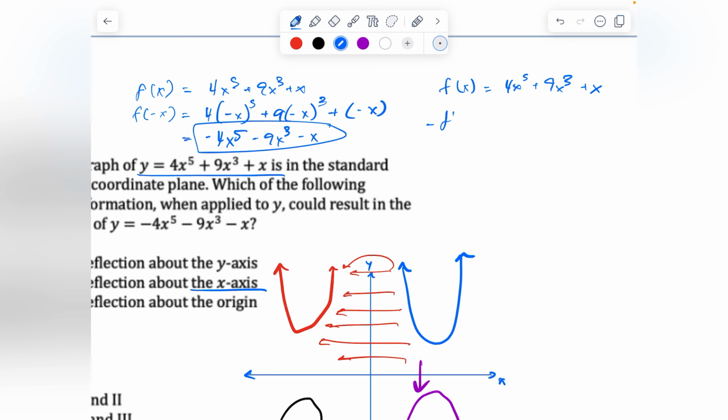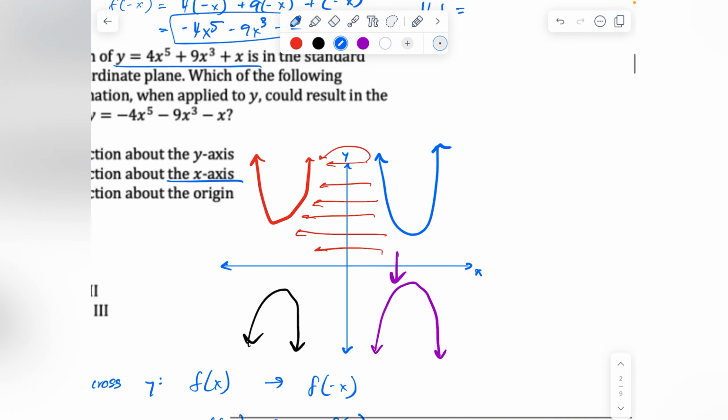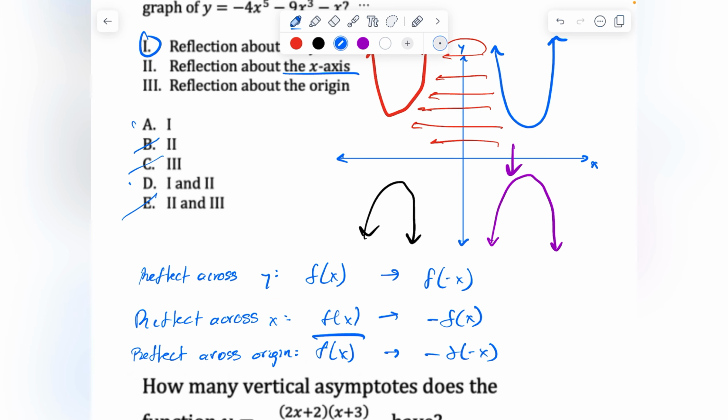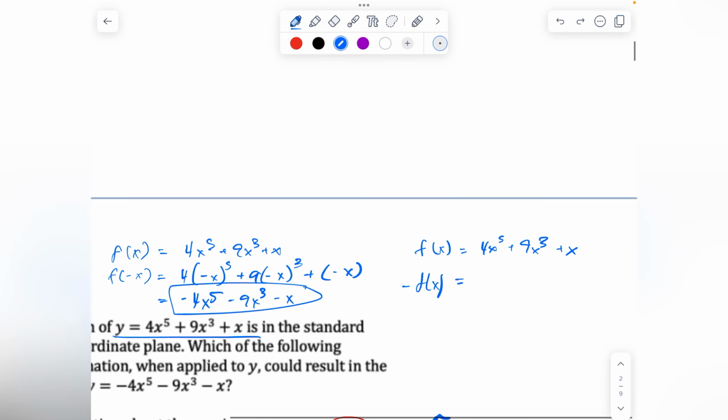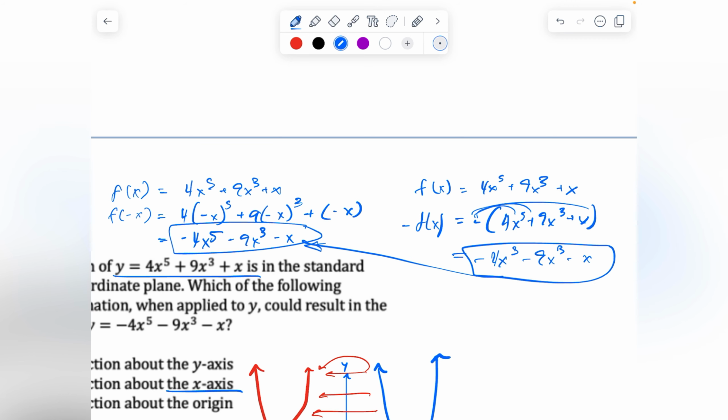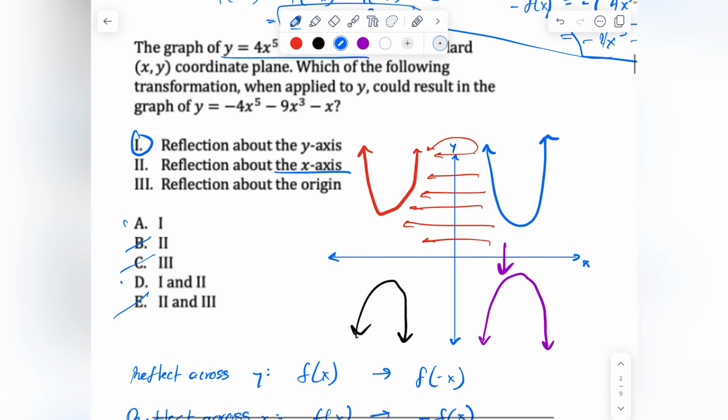Now if I do negative f of x, kind of like going back to what I talked about here, if I want to reflect across x, I take my original function and just put a big negative in front of the whole thing, equals negative of 4x to the fifth plus 9x to the third plus x. That equals, now I'm going to distribute the negative to each term, negative 4x to the fifth minus 9x to the third minus x. And you'll see it actually matches the reflection across the y. So 1 and 2 is your answer.